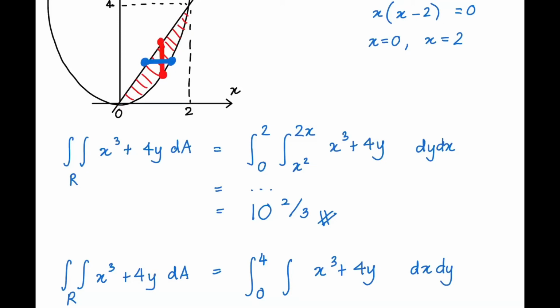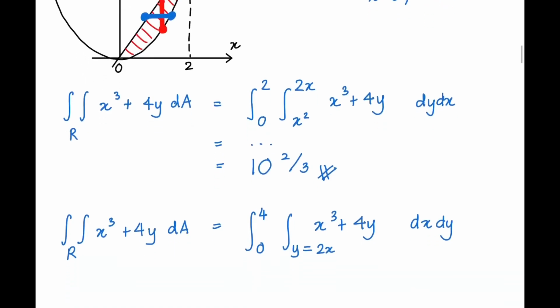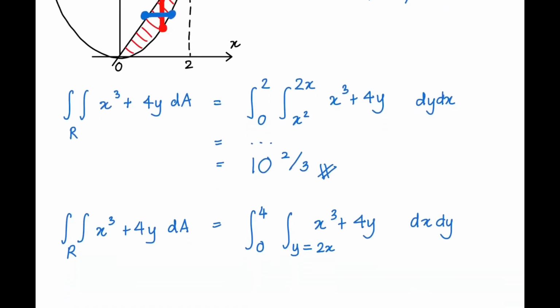Y equals to 2x. So let me just put here for a moment. So our lower limit is going to be y equals to 2x. But check again, what are we finding here? We are finding the values of x. That means we want to rearrange this so that it's x in terms of something. Let me do this at the side here, using a different color.